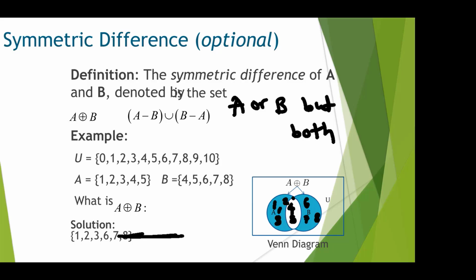Symmetric difference is shown with this symbol, and typically when we go to Boolean algebra and propositional calculus, it is also called XOR or exclusive or. So all are the same thing. Exclusive or.